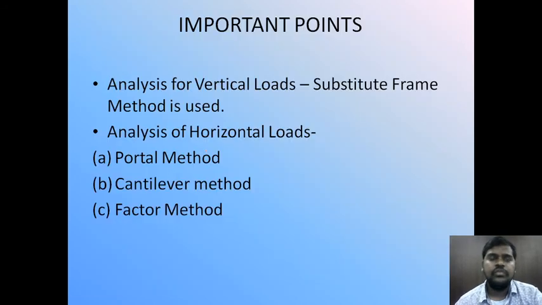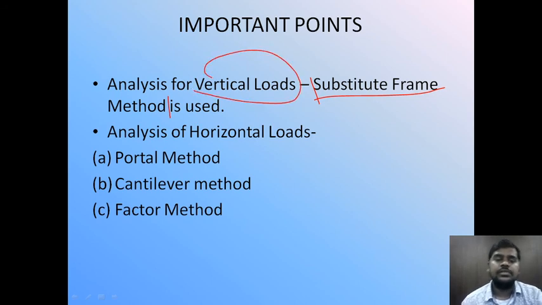Coming to a few important points. Analysis for vertical loads is done by the substitute frame method. Students must not get confused here, because there are many methods in only one unit. So I am repeating it again: the substitute frame method is used exclusively for vertical loads.